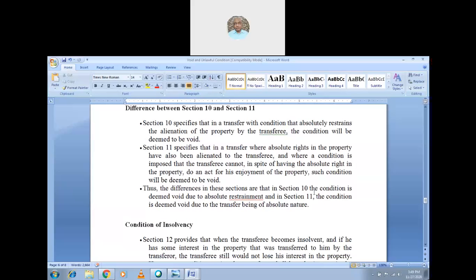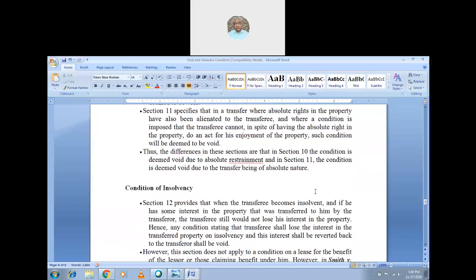Section 10 specifies that in a transfer with a condition of absolute restraint on the alienation of the property by the transferee, the condition will be deemed void. If such a condition is placed on the transferee where an absolute restraint is built in, then such a condition is deemed void.